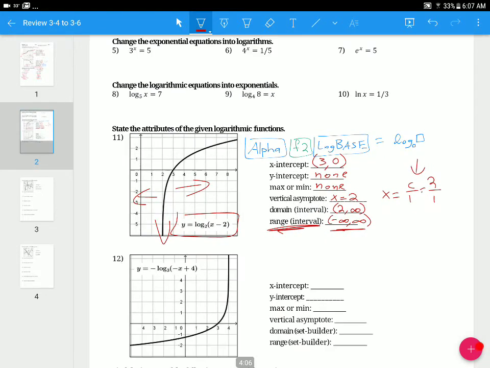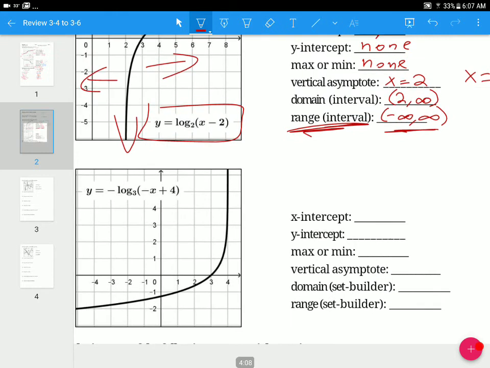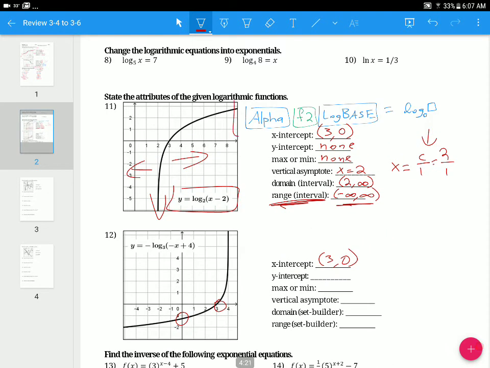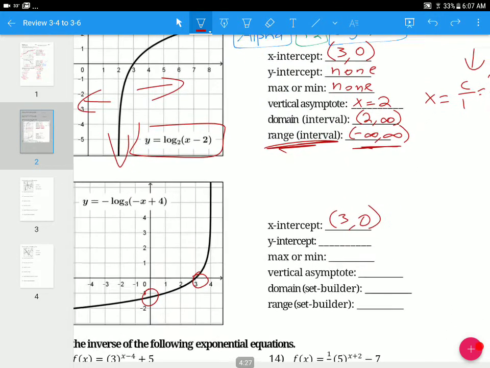Here we go, number 12. Your x-intercept is right there, again at (3, 0). Wow, it happened twice in a row. The y-intercept, that's when you have to use the calculator to put it in. I have to use something else because I can't use a calculator on this right now.